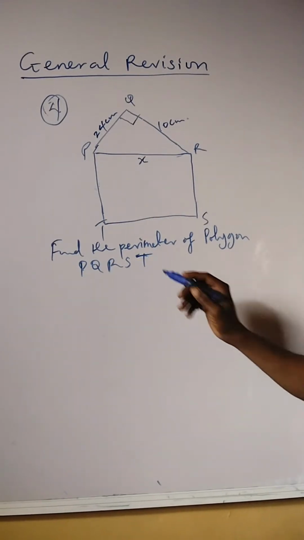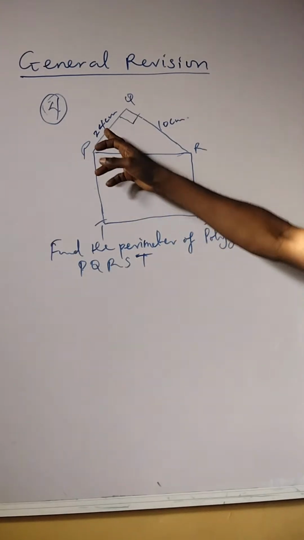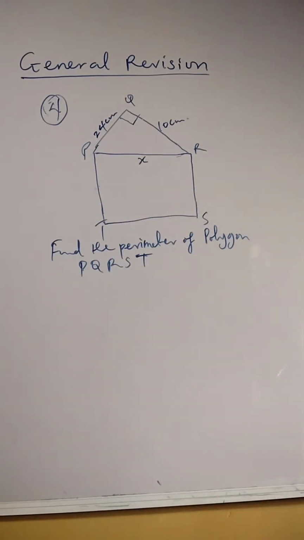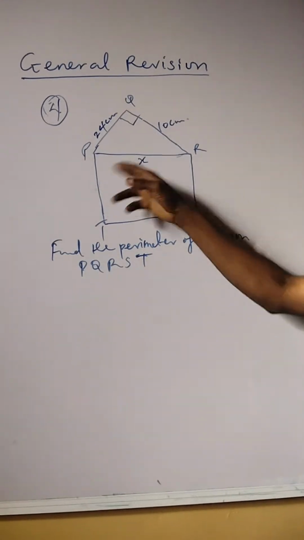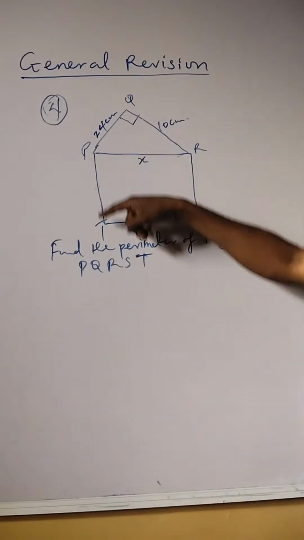And perimeter means the sum of the surrounding lengths, the sum of the length of that polygon. Actually, this polygon has how many sides? We have 1, 2, 3, 4, 5. It's a pentagon, just 5 sides. We won't count the one inside. So perimeter means we add all the sides outside here together.